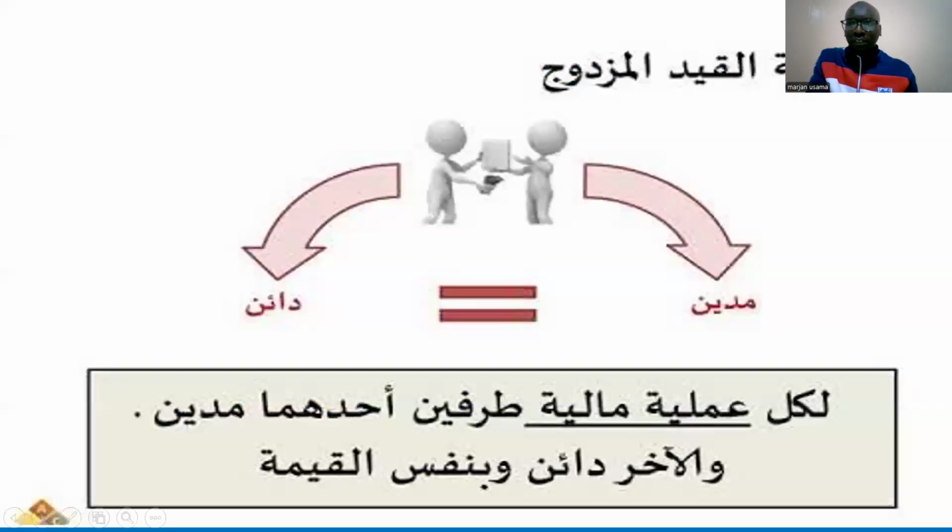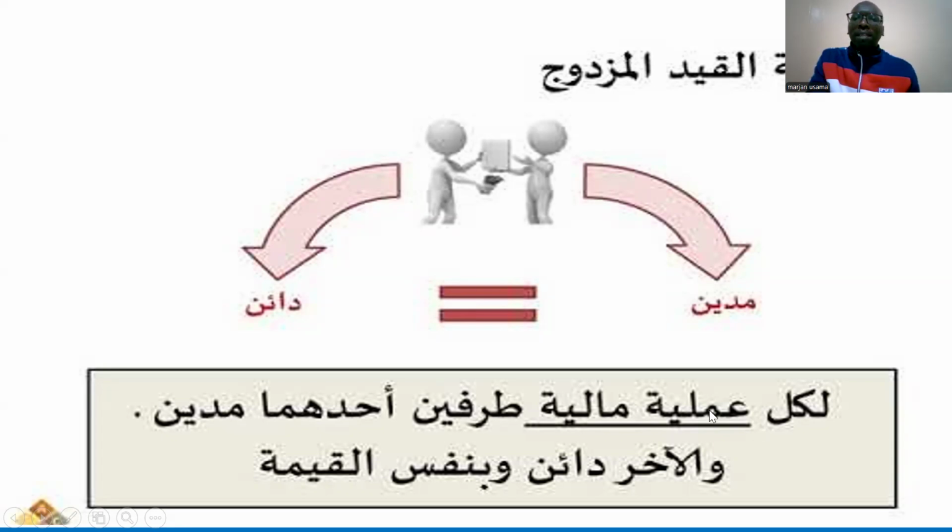So this principle of accounting is what in Arabic is normally known as Nadhriyatu al-Qaid al-Muzdawaj. Muzdawaj means double. So the double entry. So in each and every transaction, we normally have the Madin and we normally have the Da'in, the debit and the credit.